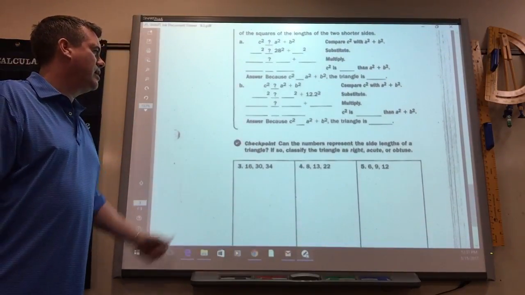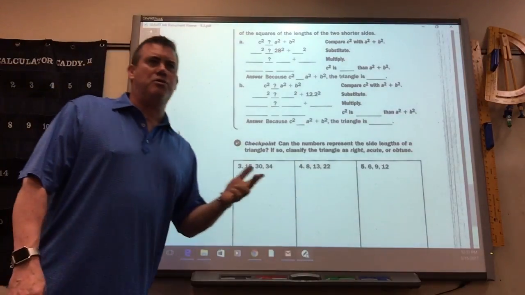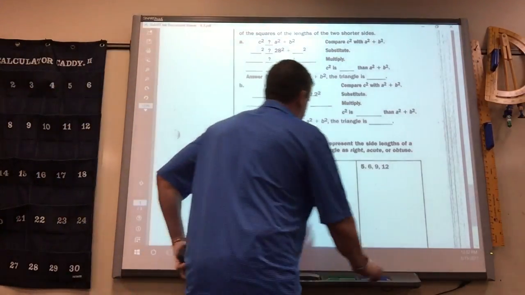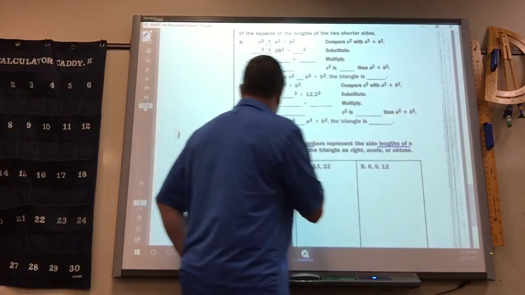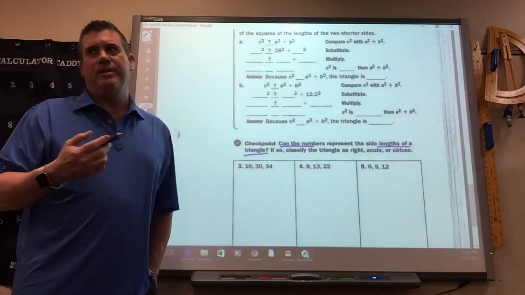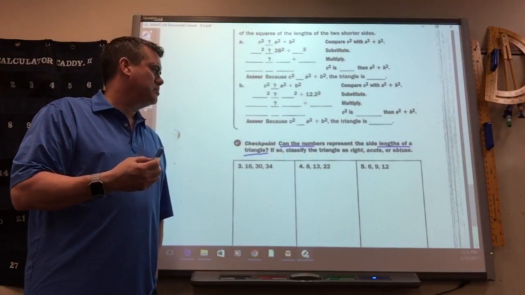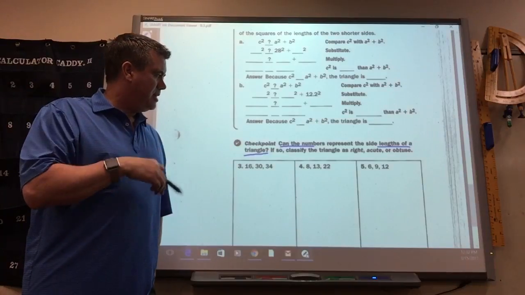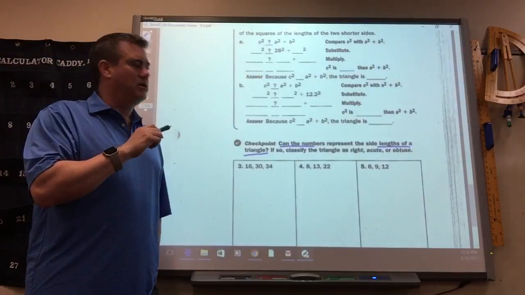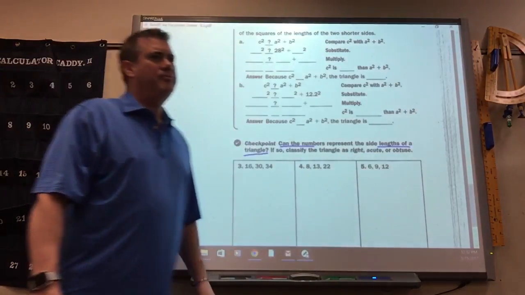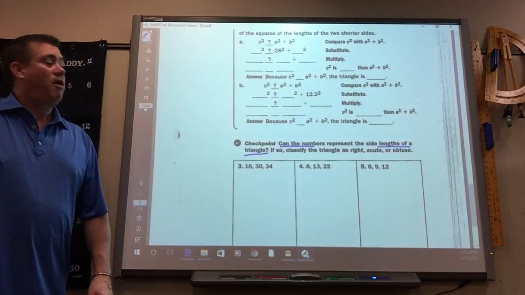Okay? Now, not only do we got to check to see if they're acute, obtuse, or right, we also got to check, can they represent the sides of a triangle? We did this a while ago, if you remember. One of these cannot make a triangle of these 3 lengths up here. Anyone know which one it is? 3, 4, or 5? 4.